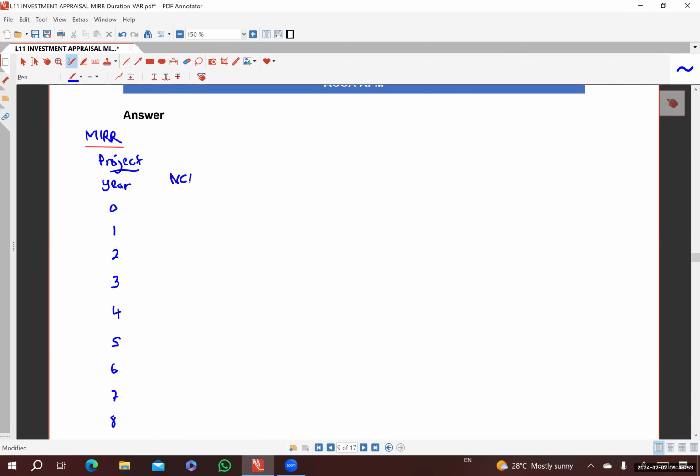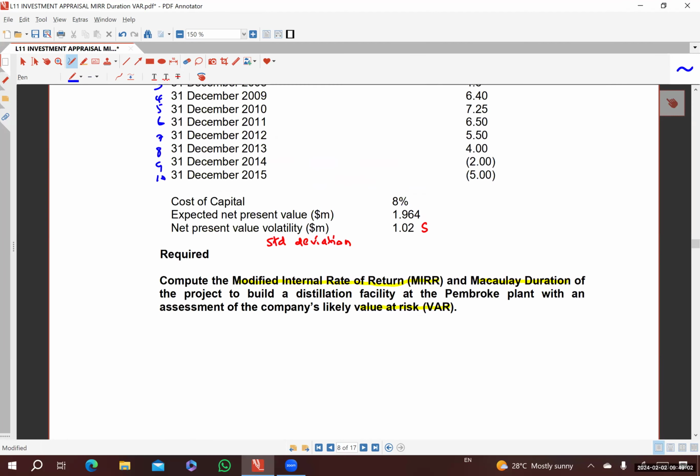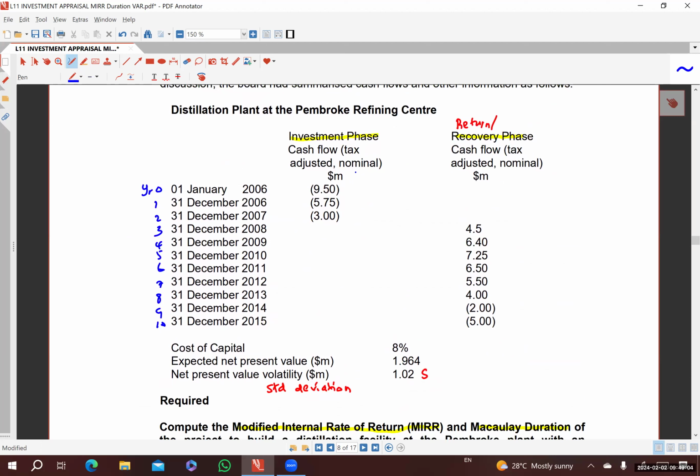The net cash flow, discount factor, present value. The net cash flow starts from 9.5 million negative.